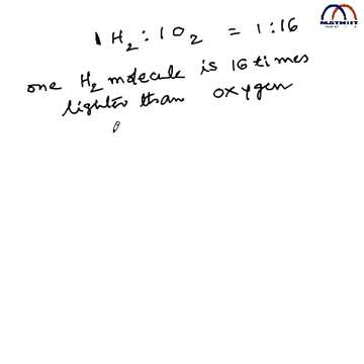Can I take that the ratio between the weight of one hydrogen atom and the weight of one oxygen atom will also be in 1:16 ratio? It means that the atomic weight of oxygen is 16 times greater than the atomic weight of hydrogen.